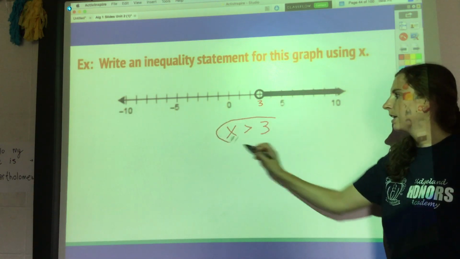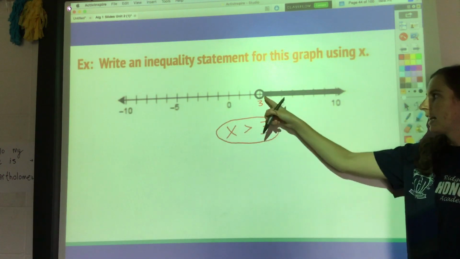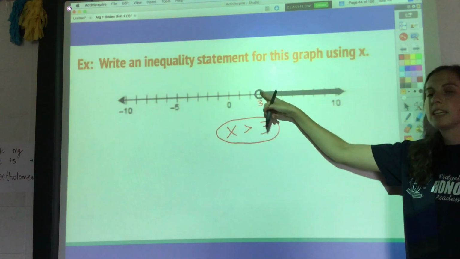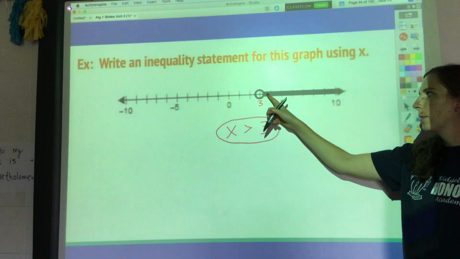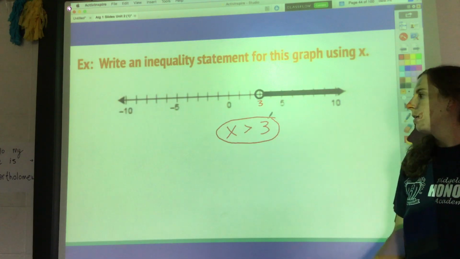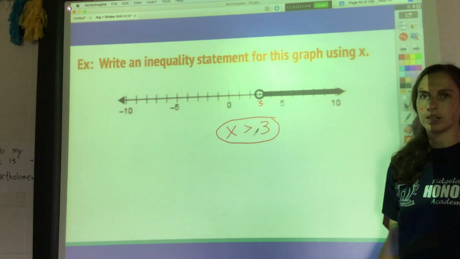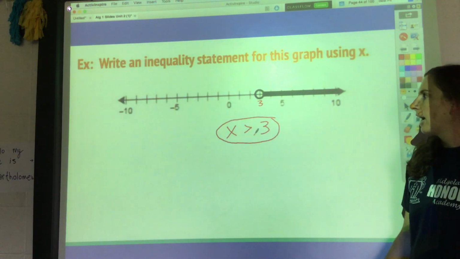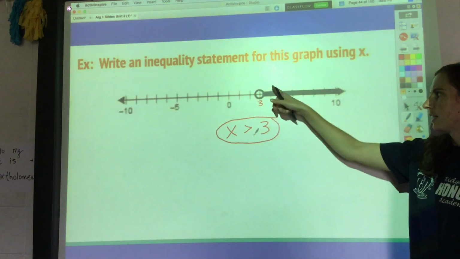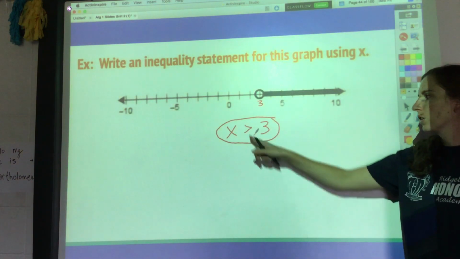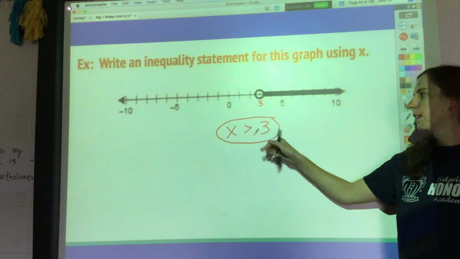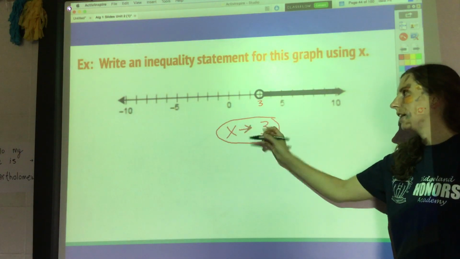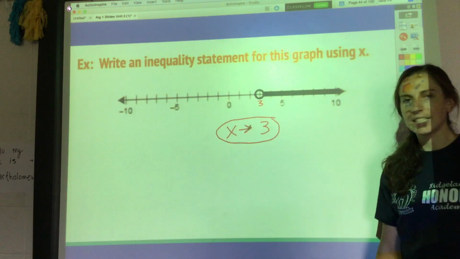And that's it. Because it hits at 3, but, well, it doesn't exactly hit at 3. It gets all the way up to it, but it's an open circle, meaning it doesn't actually equal 3, it's just greater than 3. And see, all these numbers are bigger than 3. It's 4 and 5 and 6. Those are all bigger than the 3, or like the arrow points that direction. So that's inequalities.